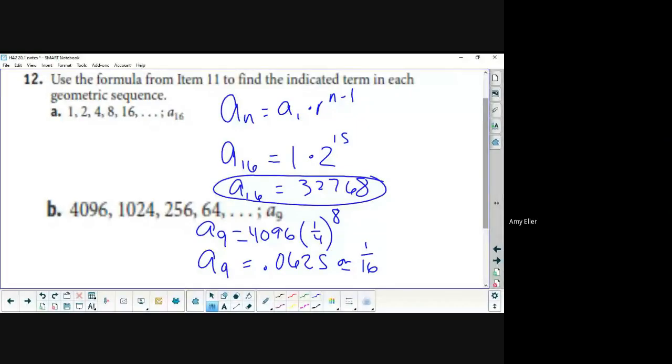Let's say your quiz asks you for the formula. Let's redo this one, and instead of finding the ninth term, let's write a formula for the nth term.